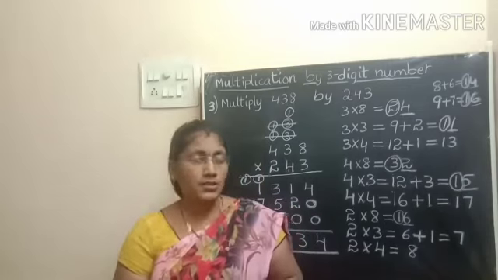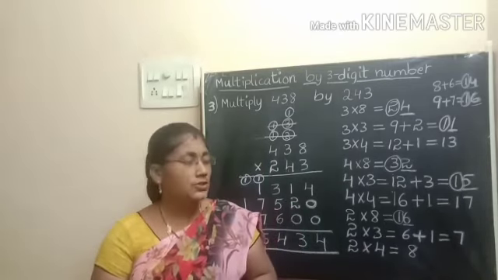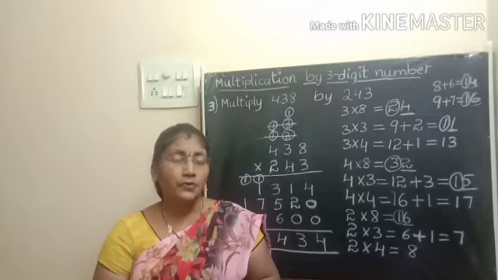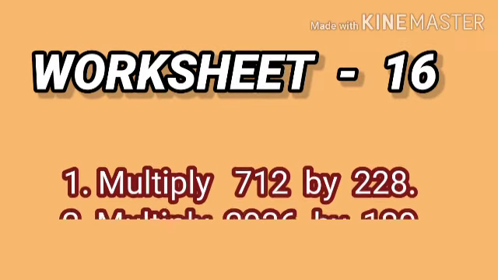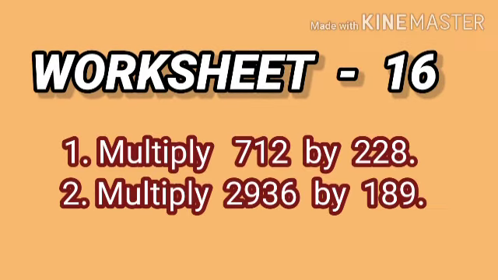I hope you understood. Based on this topic, I am going to give one worksheet. Children, let us see the worksheet. In this worksheet, I gave only 2 questions. First one is multiply 712 by 228.